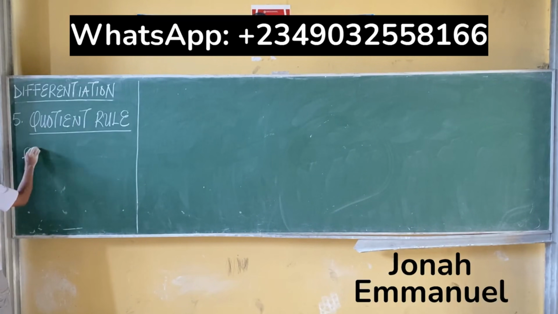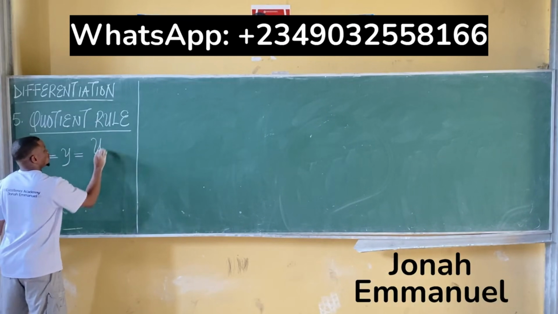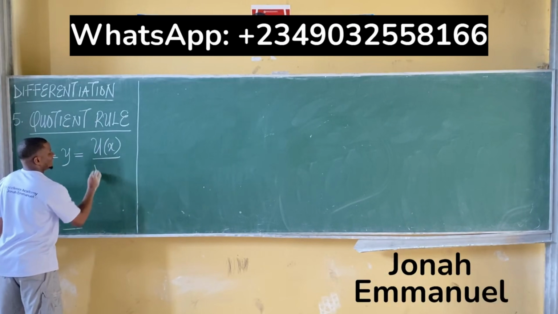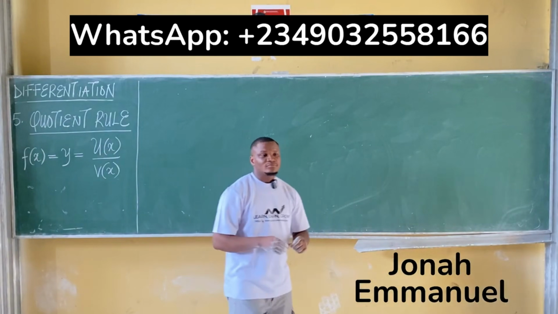Given the function f of x is equal to y is equal to u of x all over v of x. You can see division now.